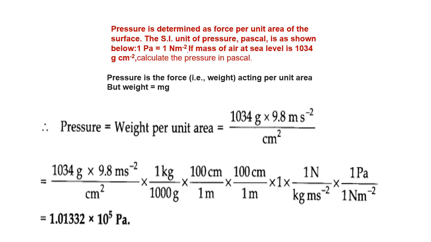Next, pressure is determined as force per unit area of the surface. The SI unit of pressure is Pascal, as shown below. 1 Pascal equals 1 Newton per meter square is the converting factor. If the mass of air at sea level is 1034 gram per centimeter square, calculate the pressure in Pascal.